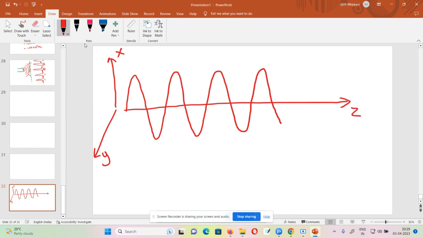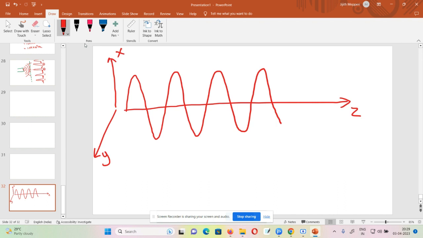You know vector addition, right? So just think that you have a plane wave which is having this kind of direction, and the polarization is giving you this one.